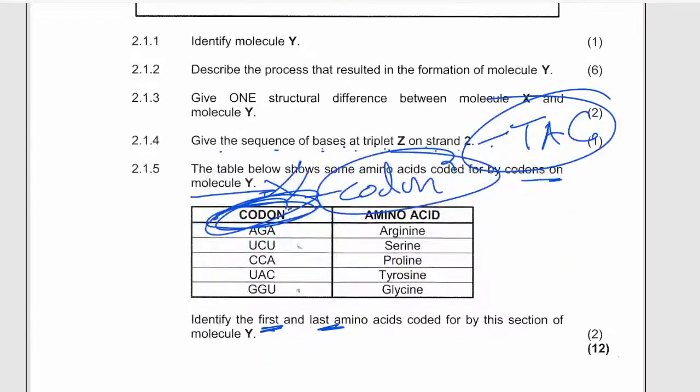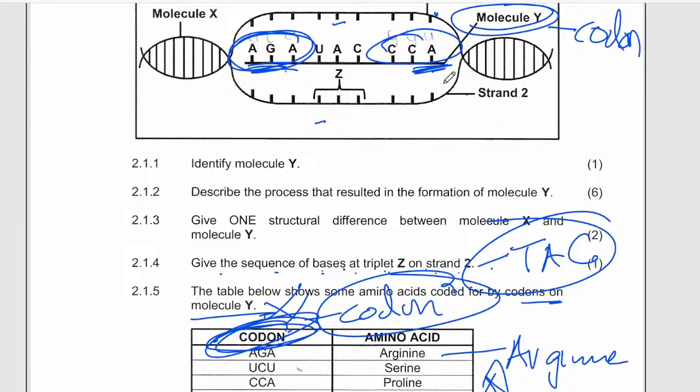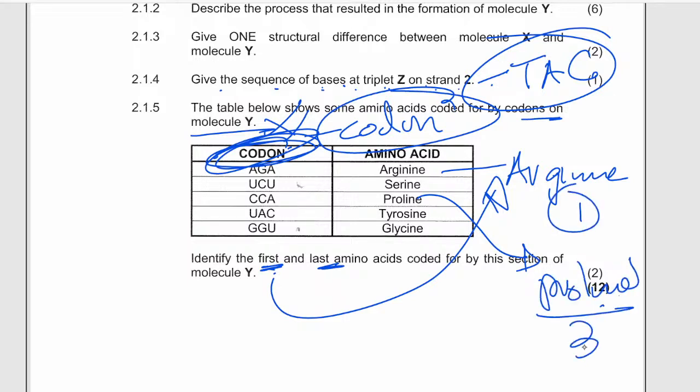AGA, you look for AGA, which is arginine. So the first codon is arginine. Then the second one is CCA. I look for CCA, which is proline. Simple. The first one is arginine, the last one is proline. So simple.